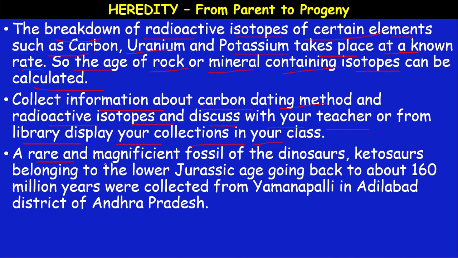A rare and magnificent fossil of a dinosaur, Chaetosaurus, belonging to the Lower Jurassic age, going back to about 160 million years, was collected from Yamanapalli in Adilabad district of Andhra Pradesh.